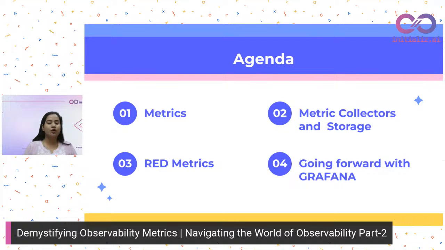Then we'll talk about a tool that is Grafana that helps us to visualize your metrics and take out results from them. And then we'll go on to the demo. We'll see what a dashboard on Grafana looks like, and we'll also run a few queries, and also we'll create our own dashboard. So let's get started.